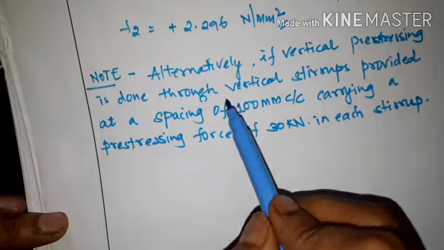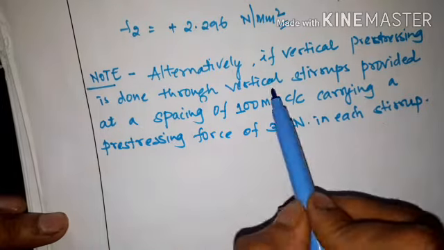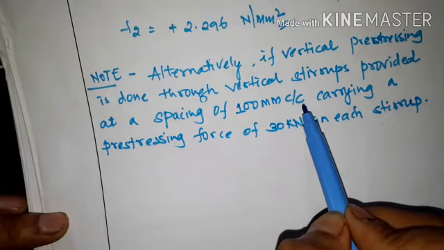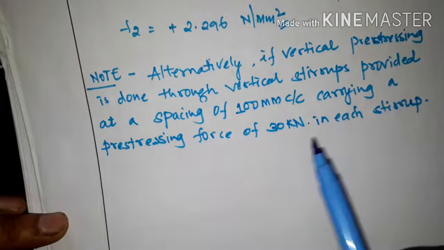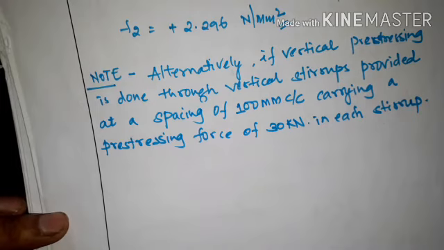So in the beam, a vertical stirrup is provided at a spacing of 100 mm center to center, carrying a pre-stressing force of 30 kilonewton. Okay. Suppose it is given like this, so what do you have to do?